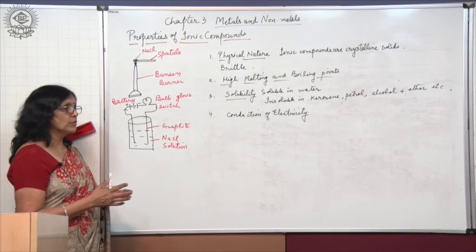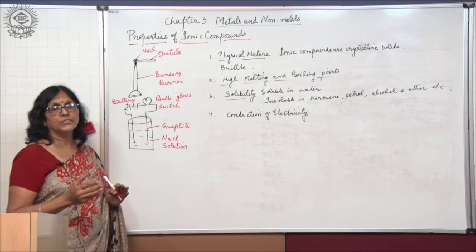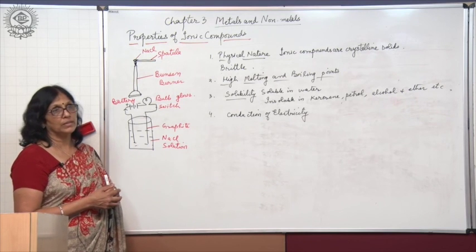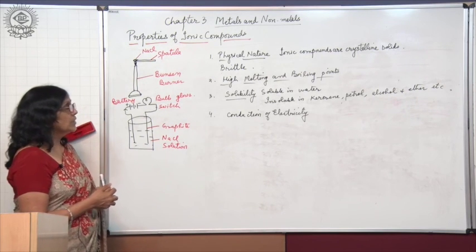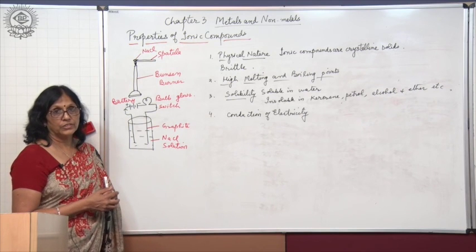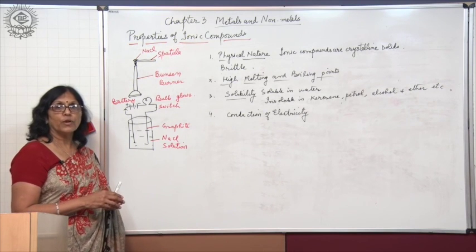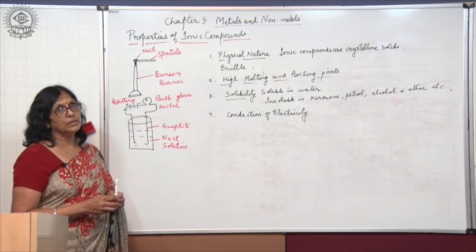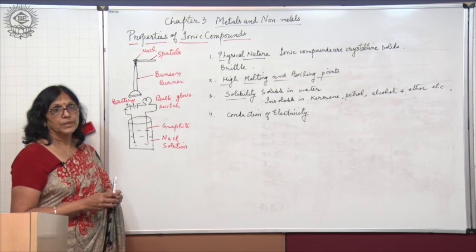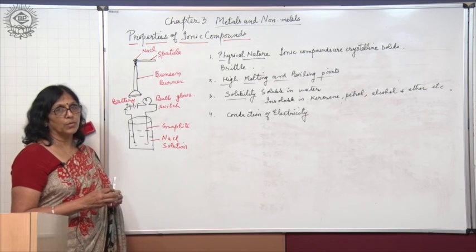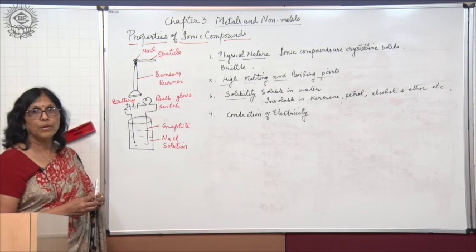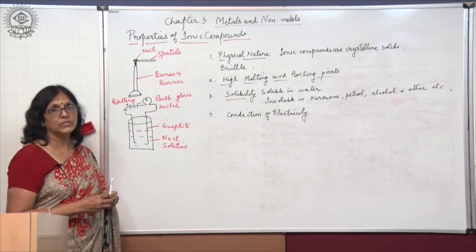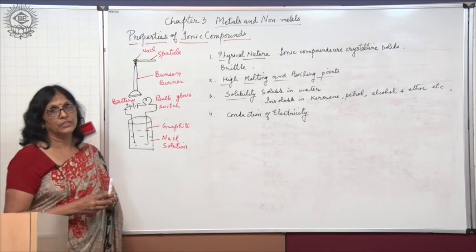Sodium ions and chloride ions are separated and allow the current to pass through them. So, ionic compounds are good conductors of electricity in solution form when dissolved in water or in the molten state, because in the solution form and in the molten state, the ionic compound exists as positively charged and negatively charged ions, and they conduct the electric current.